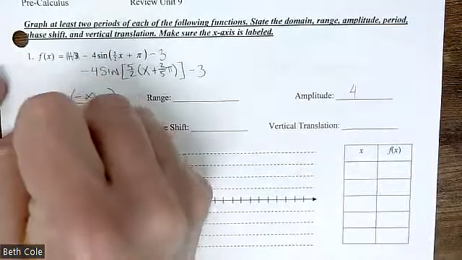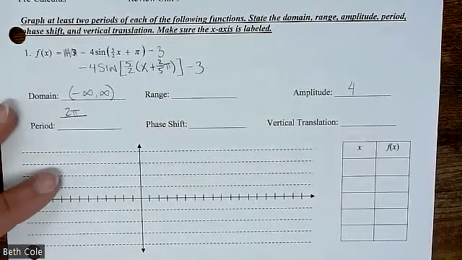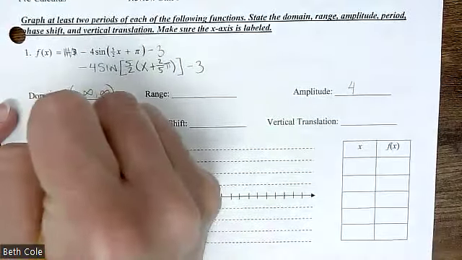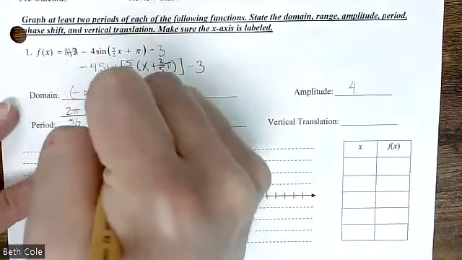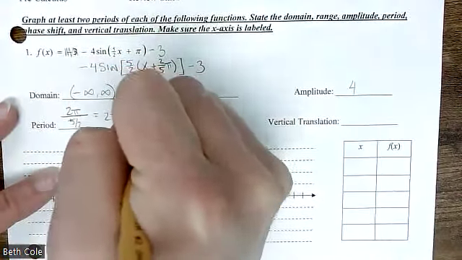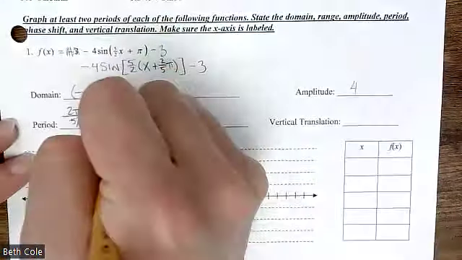All right, period would be 2 pi over which number? 5/2, good. So that would be 2 pi times 2/5. I wrote that out, but if you can do that in your head, fine. What's that going to give you? And if you need to put the 2 pi over 1, if that helps you to see it better, you can do that.